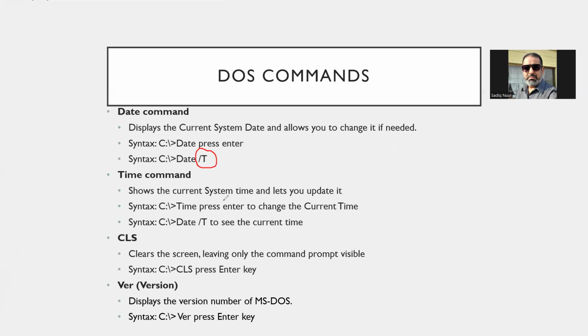Time shows the current system time and lets you update it. If you just type time and press the enter key, that will allow you to change the current time of your computer system. Time is like date.